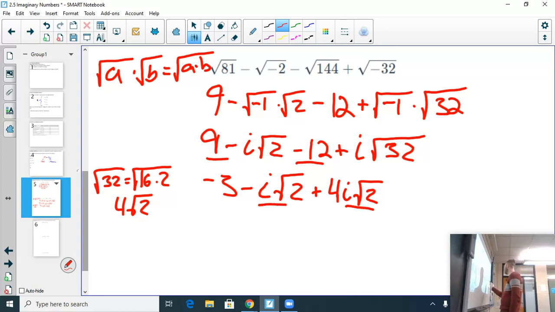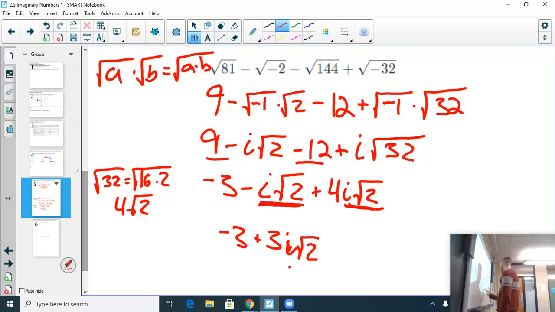i square root of 2, i square root of 2. So now we have negative 3, 4i square root of 2 minus i square root of 2 is going to be plus 3i square root of 2, right? If we think of i square root of 2 as a whole chunk, we have 4 of this thing minus 1 of this thing.